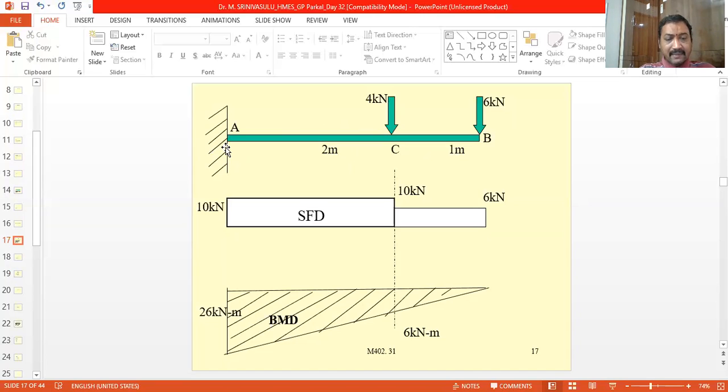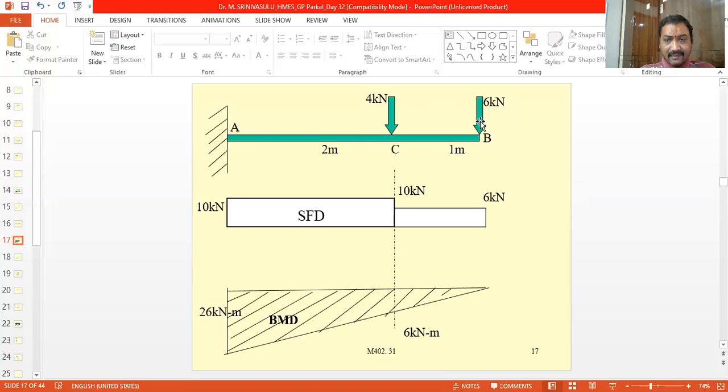Therefore, what is the bending moment? Bending moment is nothing but the algebraic sum of the moments of all the forces acting to the right of the section. So the bending moment about point A is equal to 6 into 3 meters.